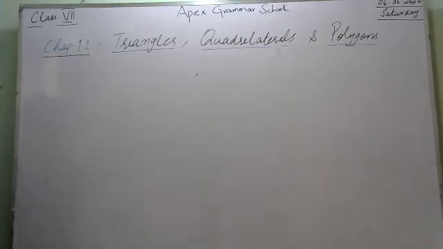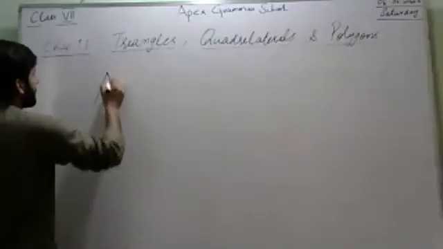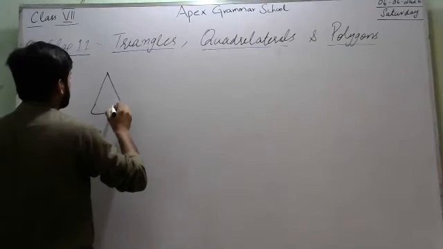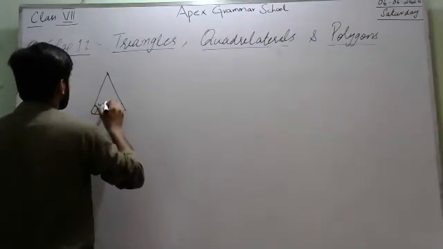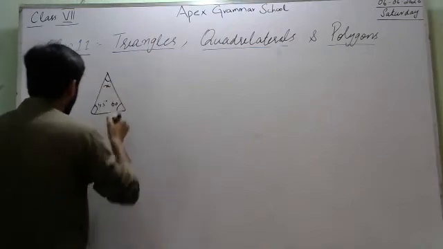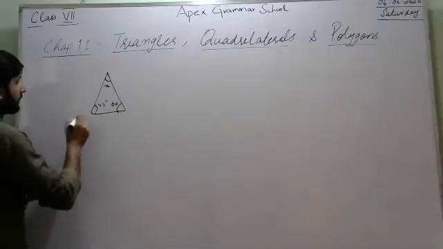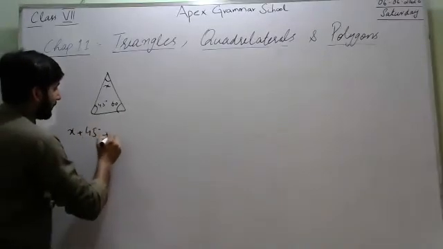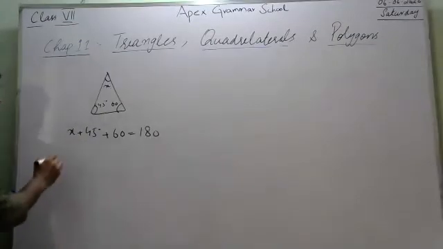Now let's take an example about the statements we have studied today. We have to find the third angle of the given triangle. According to the statement, X plus 45 degrees plus 60 degrees equals 180.